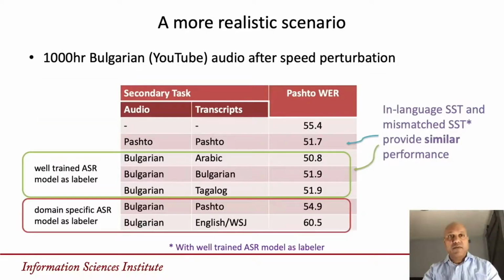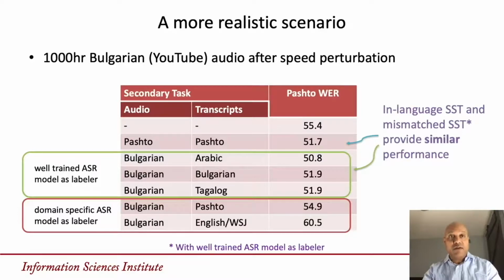Expanding this to a more realistic scenario, we repeat these experiments again, but now with 1,000 hours of Bulgarian YouTube data. This is 1,000 hours after speed perturbation, so this would correspond to about 333 hours of original data. The results of these experiments are summarized in the table. The very first row in the table is our baseline system. This is the same as we looked at in the slide before.